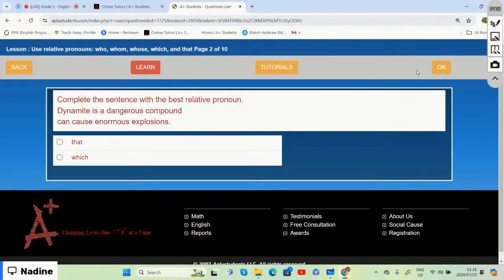Do we say that can cause enormous explosions, or do we say which can cause enormous explosions? So we need to choose between that and which.